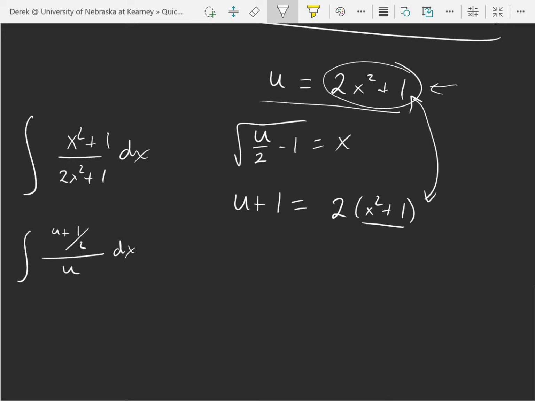You'd still have a dx. So you could do any of these types of things, and you could get 1/2 the integral of u plus 1 over u dx, but then you'd have to figure out what to do with dx. You can take the derivative here or the derivative here. It doesn't really matter how you get the pieces of this.